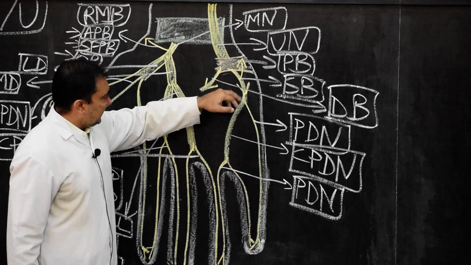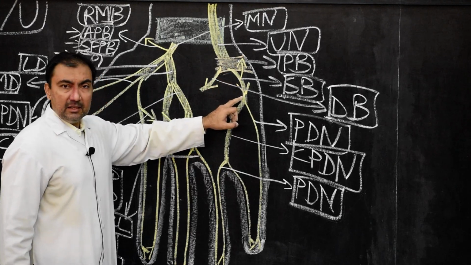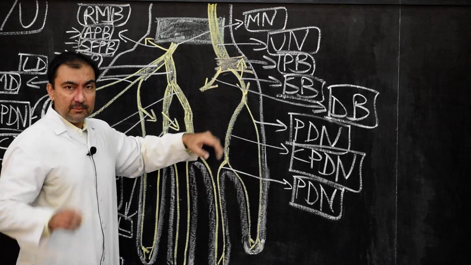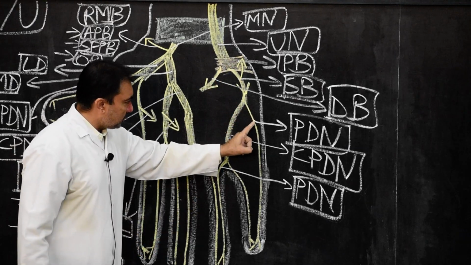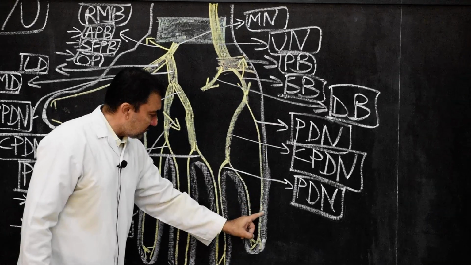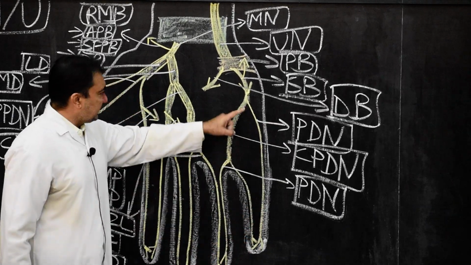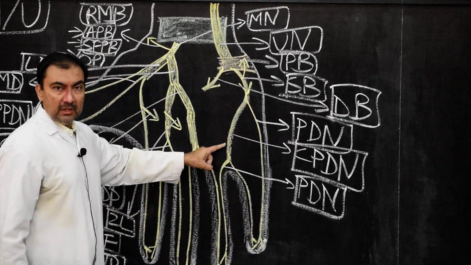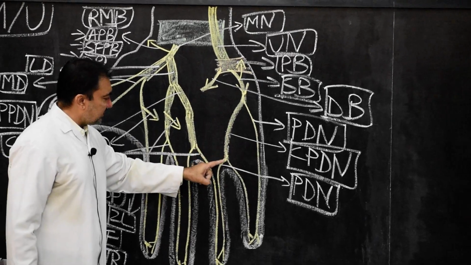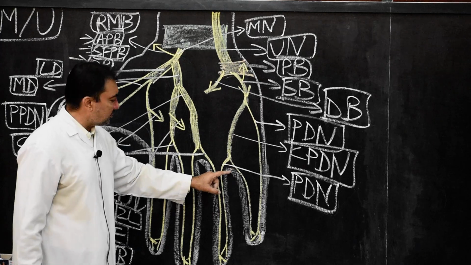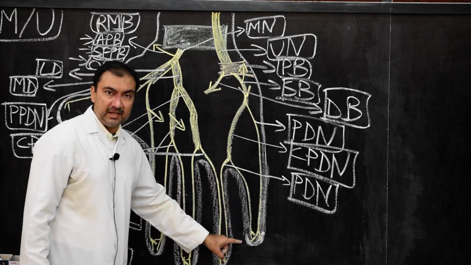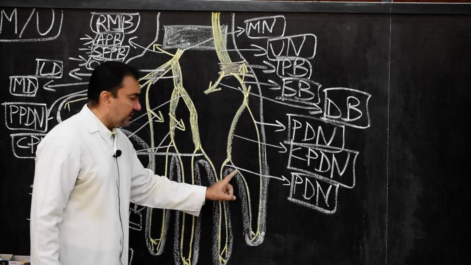So therefore once again, the superficial branch of the ulnar nerve will supply a muscular branch to palmaris brevis muscle, and then it will divide into one proper digital nerve which will supply the ulnar side of the little finger, and second, the common palmar digital nerve. This common palmar digital nerve, as it travels till the cleft between the ring and little finger, will divide into two proper digital nerves which will supply adjacent sides of the ring and little finger.